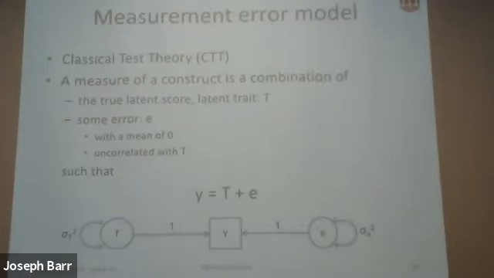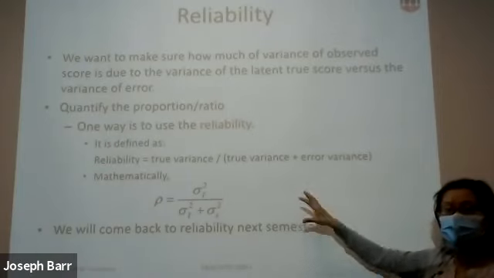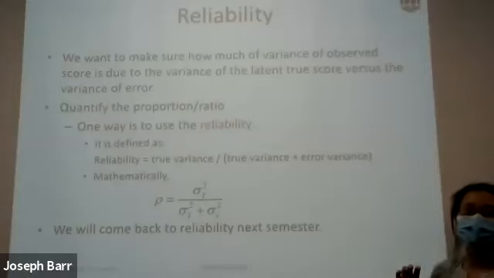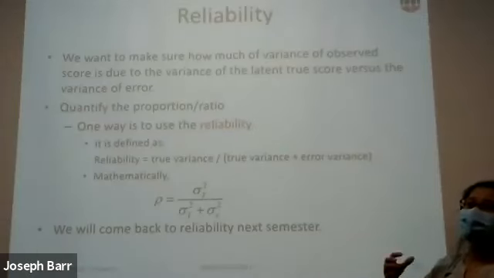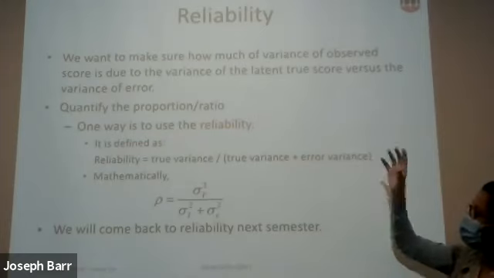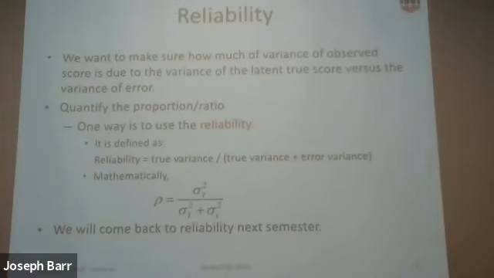Based on CTT, we have a very famous concept called reliability. Next semester, we're going to come back to this topic again and show the details of reliability. We have a series of reliabilities: Cronbach's alpha, omega, or other formulas. We have a lot of methods for estimating reliability. But let's look at the basic definition.